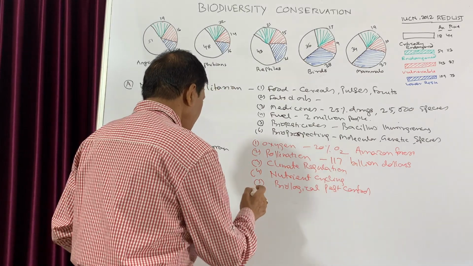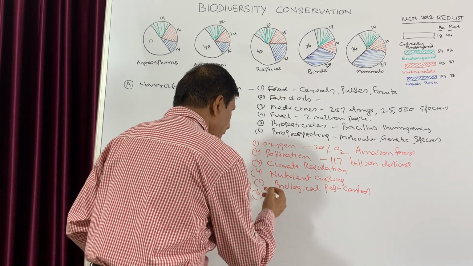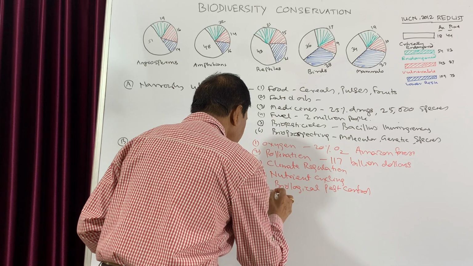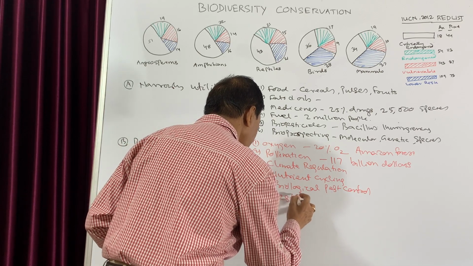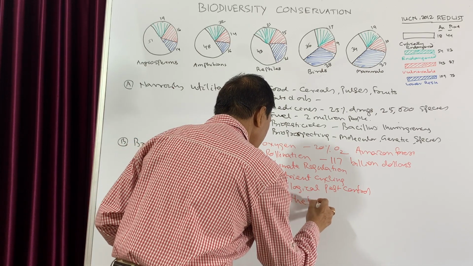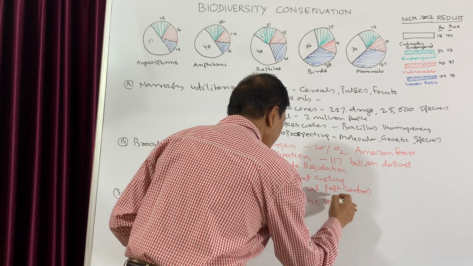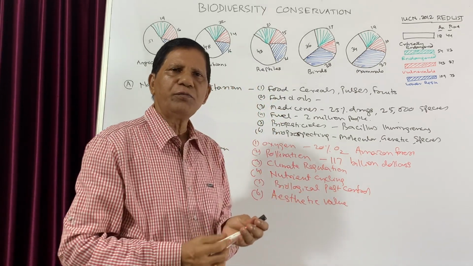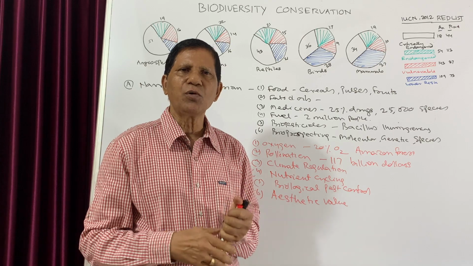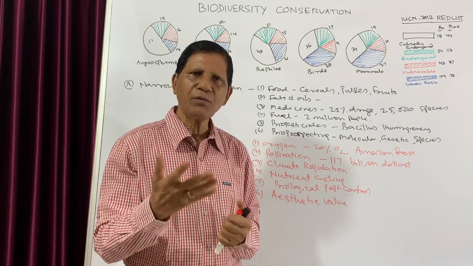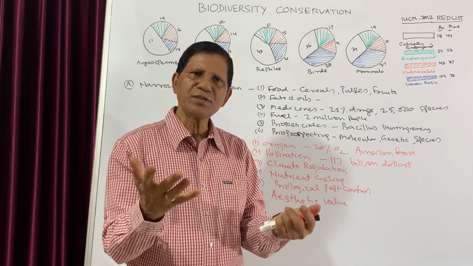Then another important point is aesthetic value. That means when you feel bored, usually you go to a park. In a park, what is there? Only different types of ornamental plants.